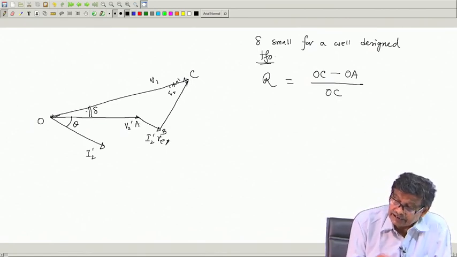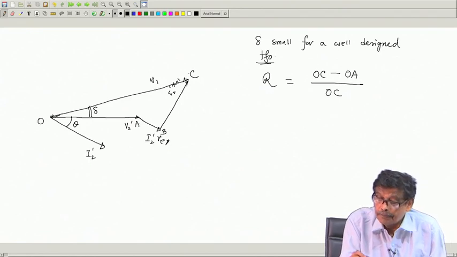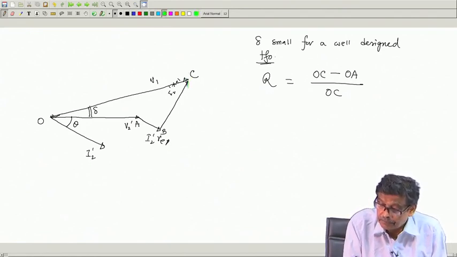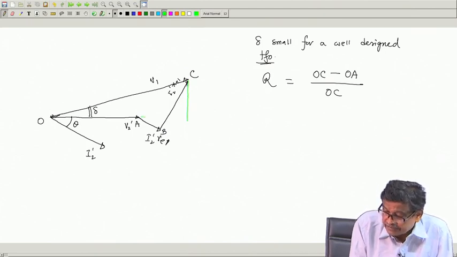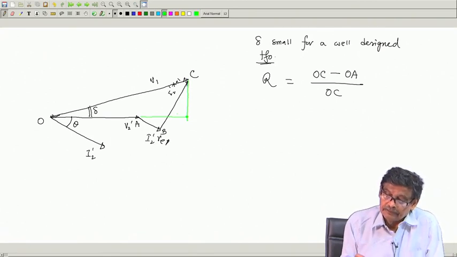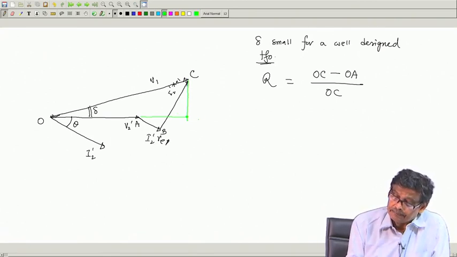Now, since delta is small, if you drop a perpendicular, these are the extra thing I am doing now. You drop a perpendicular on this extended line here, drop a perpendicular. Say, okay, and also drop a perpendicular from this side to this side.